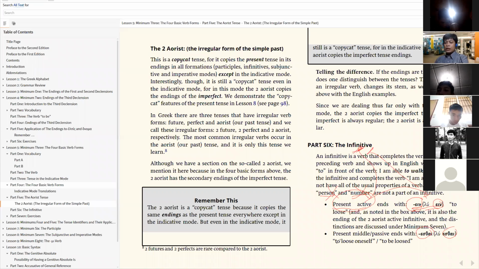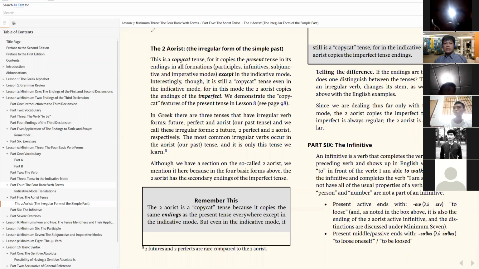You can translate it "to loose oneself" or "to be loosed." So there are only two endings for the present infinitive here: present middle passive ends with -esthai, and present active ends with -ein. So that is the present infinitive.